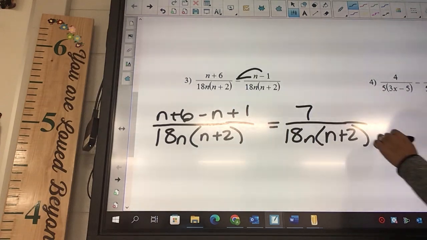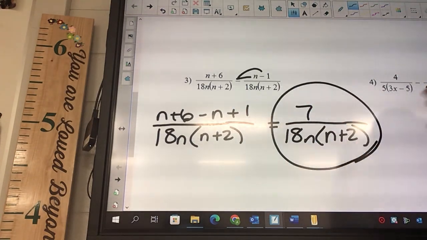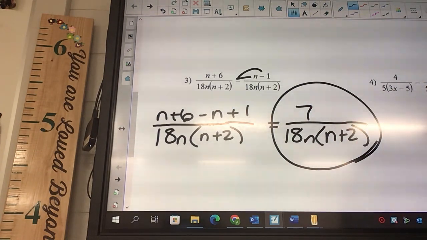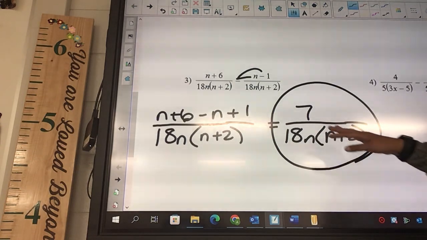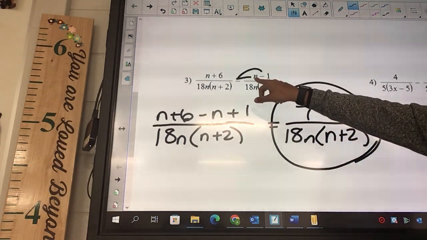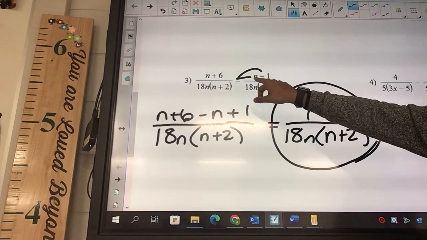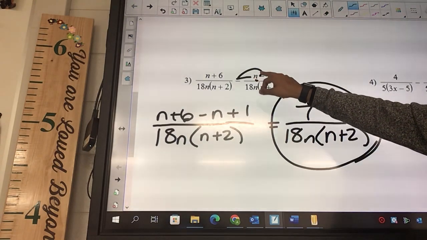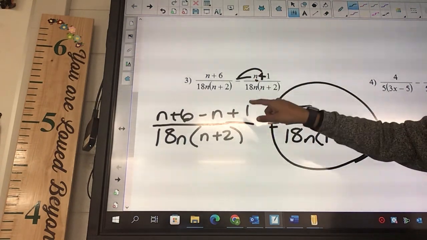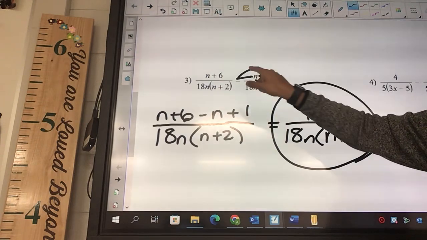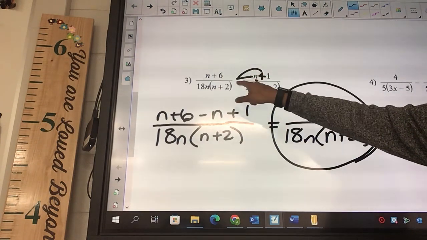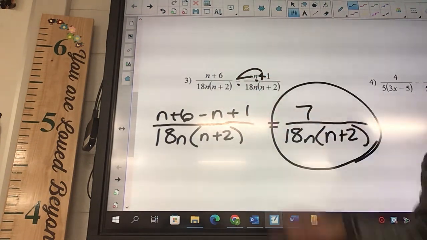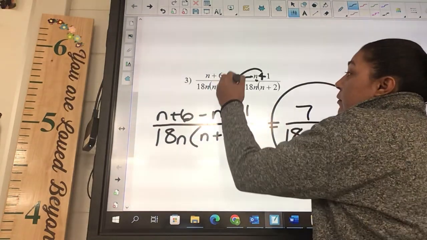Wait, so like, if you see where it says n minus 1 up top, if that was a positive and the negative right there in the middle was a positive, it'd be n. So positive, you just leave them all.